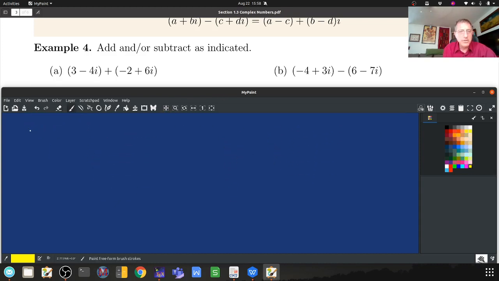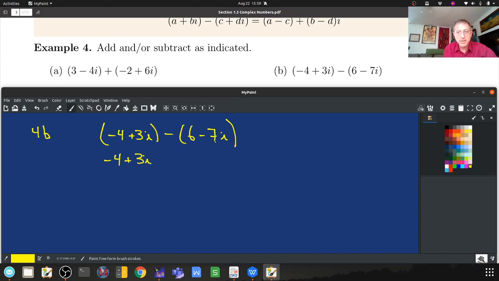So let's do number 4b. I have minus 4 plus 3i minus... now the minus sign is going to change things. If you have a complex number in parentheses without a sign in front, you can just remove those parentheses and it doesn't change anything.